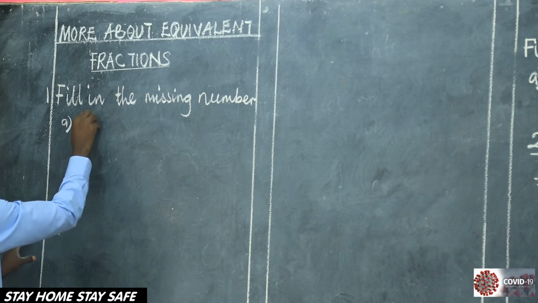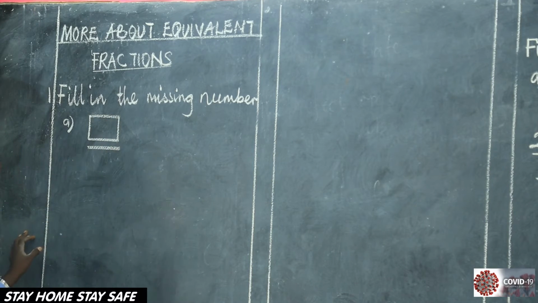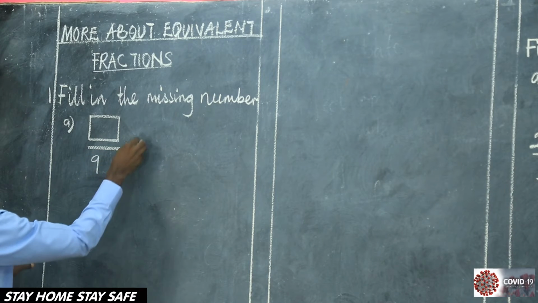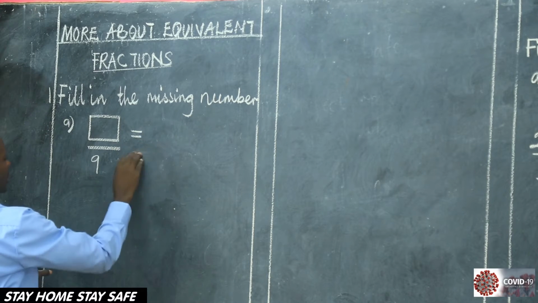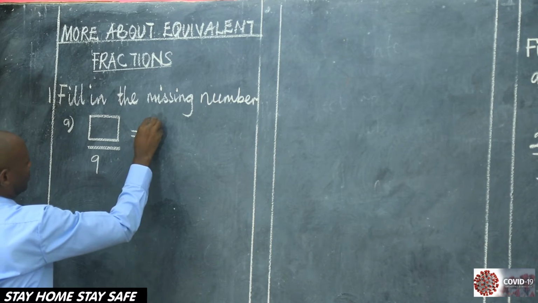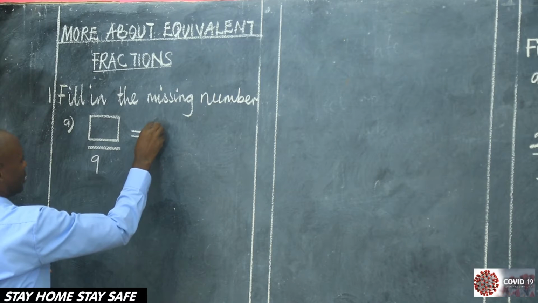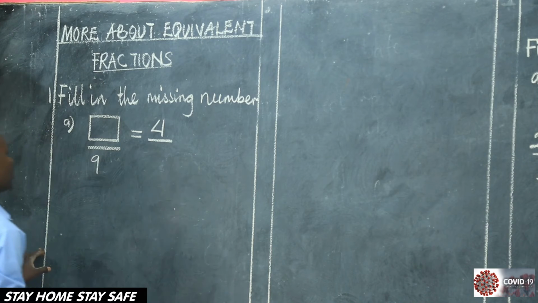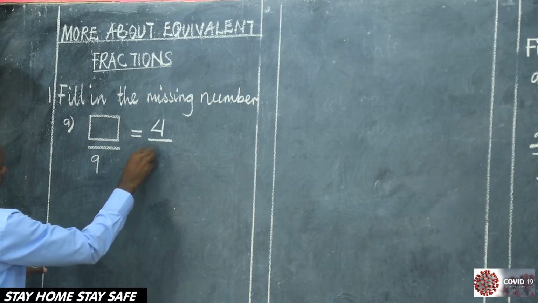Example number 1, we have a box out of 9 is equal to 27 is equal to 4 out of 36.